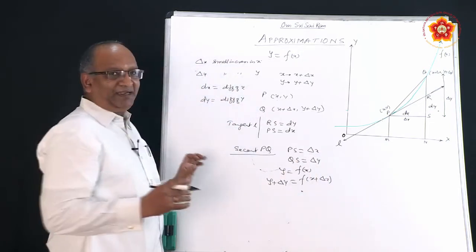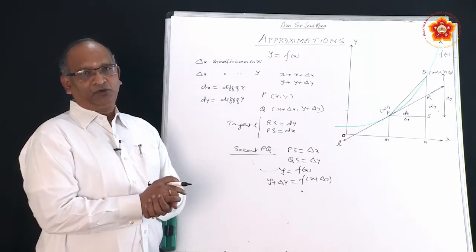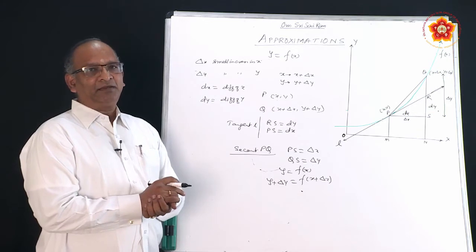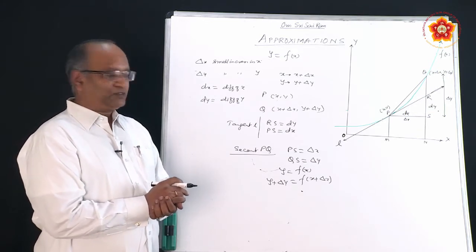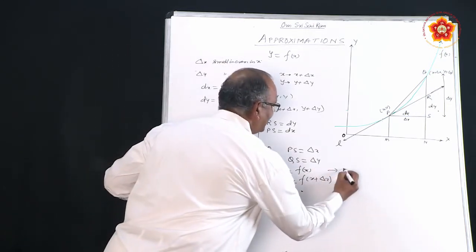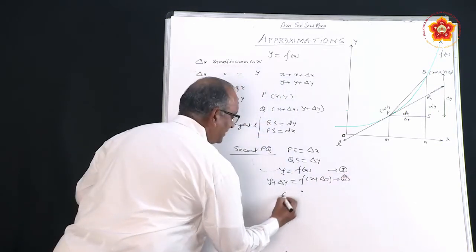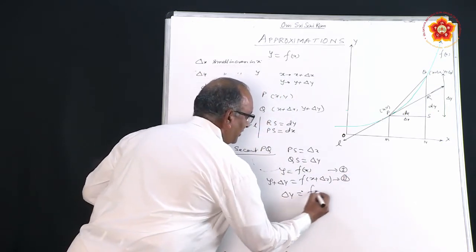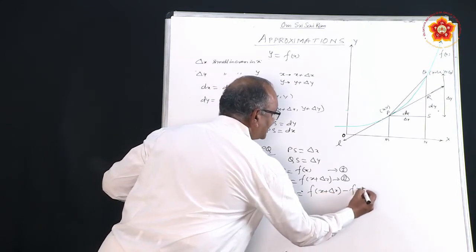In order to find the derivative of any function, we were following this particular rule, and it was known as the first principle method. So according to this, we were subtracting the first equation from the second equation, and we were getting delta y is equal to f of x plus delta x minus f of x.